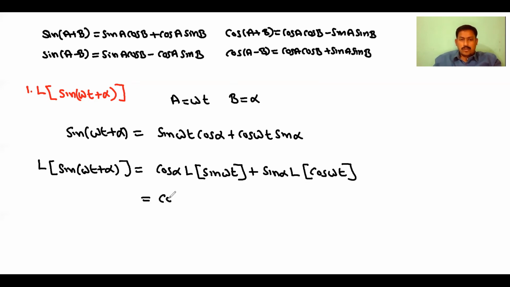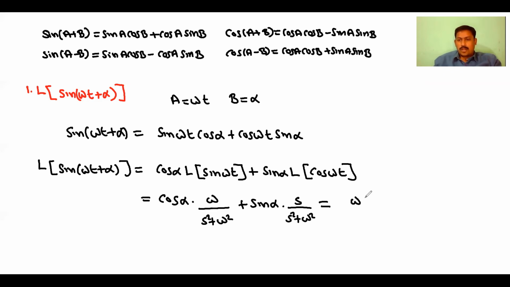Now we know that cos alpha into L of sine omega t, the formula value is omega divided by s square plus omega square, plus sine alpha into L of cos omega t, the formula is s divided by s square plus omega square. Here the denominator is the same, so we can add the numerators.